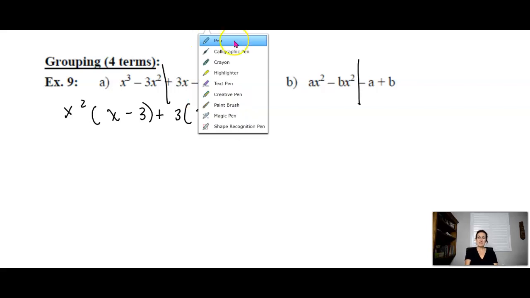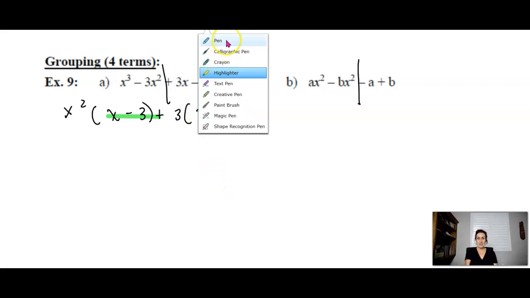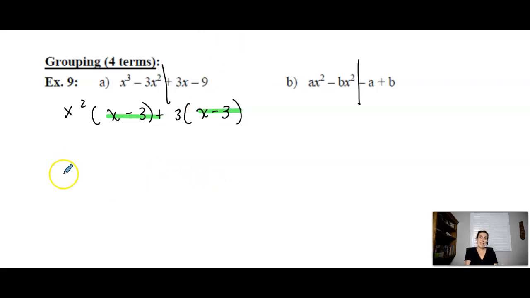The cool thing about these problems is when these are the same, then you can factor out that binomial and it's an x subtract 3. So the x subtract 3 is going to factor out of this problem. It's like you have two parts with the plus sign in the middle, and now you're left with the x squared plus 3.